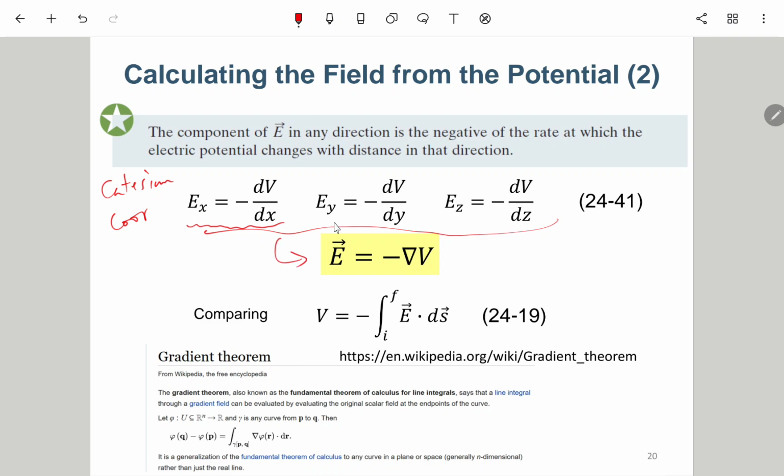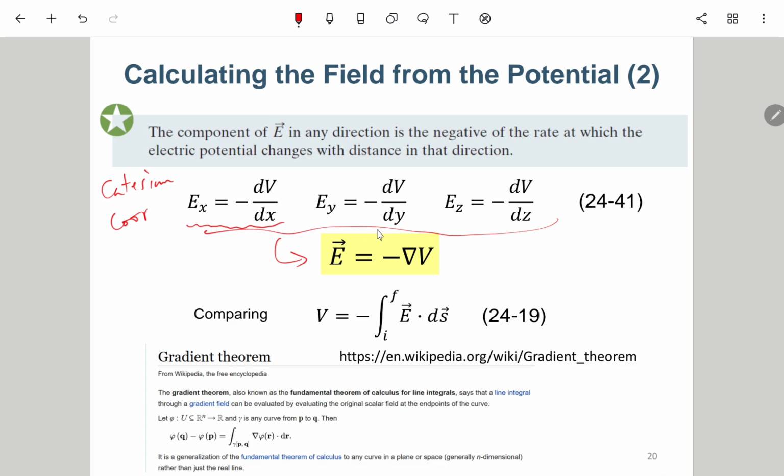Ex, Ey, Ez are the XYZ components of an E field. If we know all these three components, then we actually know the E field vector, the whole vector. On the right side we have a derivative of the potential in different directions.